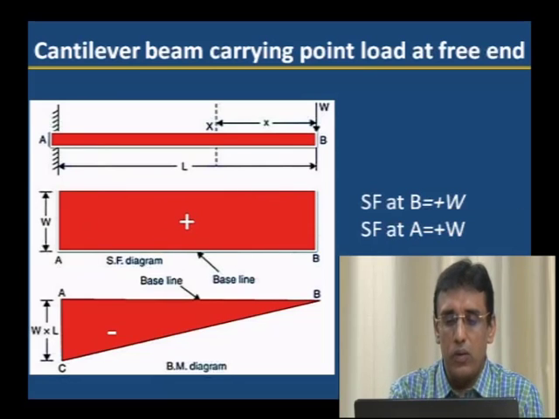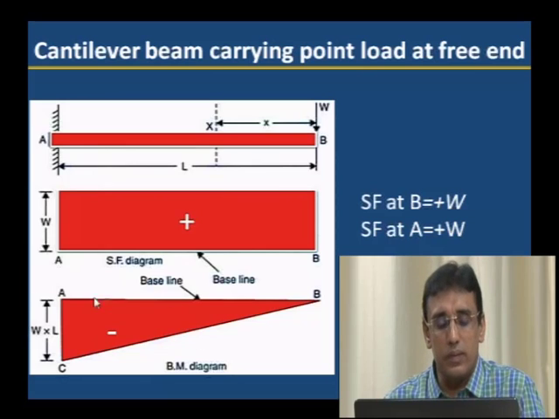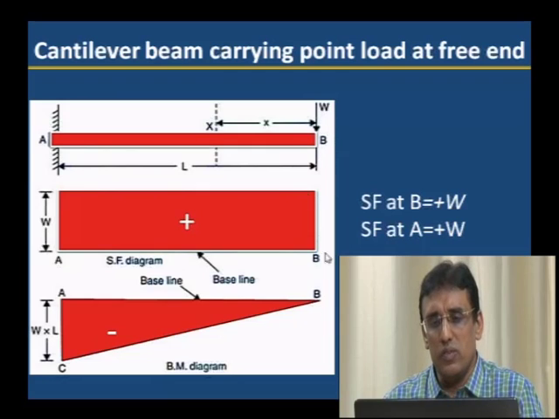Then, to draw the bending moment diagram: bending moment means force into distance. For point B, the force W acts exactly at point B, distance is 0, so force W into distance 0 gives bending moment at B equal to 0.